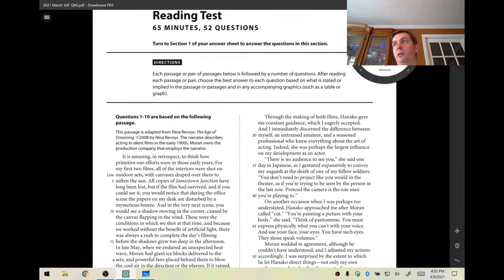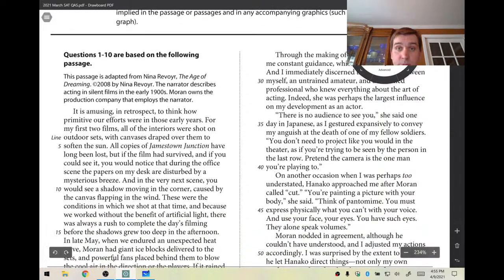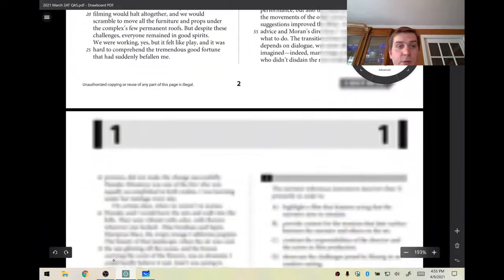It's always the literature passage, I've noticed. This one says it's adapted from Nina Revoyr, The Age of Dreaming. The narrator describes acting in silent films in the early 1900s. Moran is the owner of the production company that employs the narrator. So let's look at this passage. Let's look at the first question.